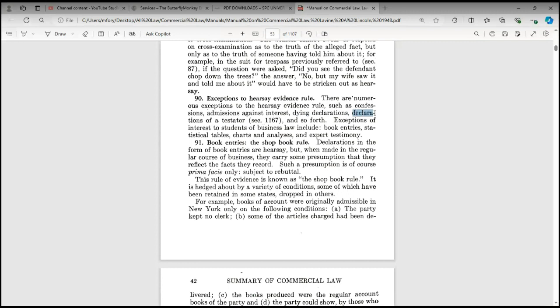And this declaration of a testator, the reason why this is important too is because say you never specifically created a will, okay? But you took measures and did actions or activities that, combined all together, are evidence that you did create a will.